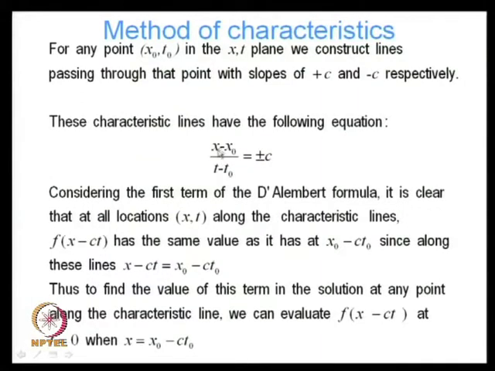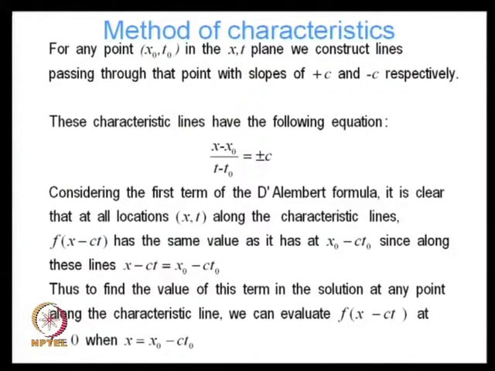So, the characteristic lines have the equation x minus x0 by t minus t0 equal to plus c and minus c. Let us suppose we take plus c. Then what is the equation of the characteristic line? x minus c t is equal to x0 minus c t0.